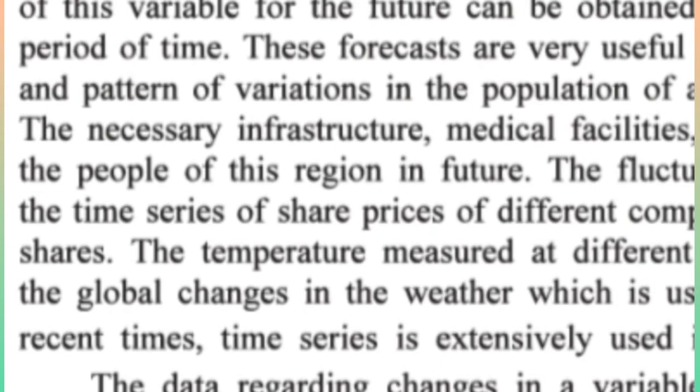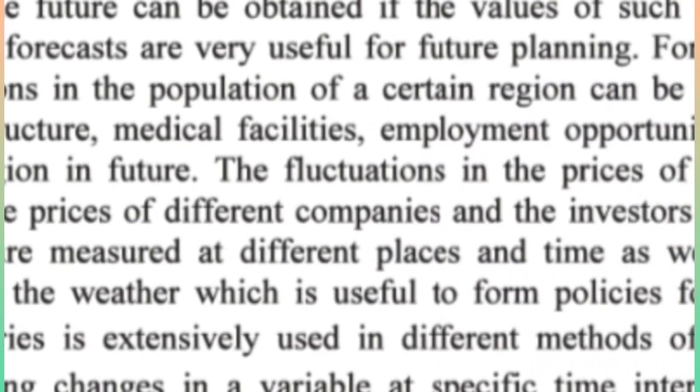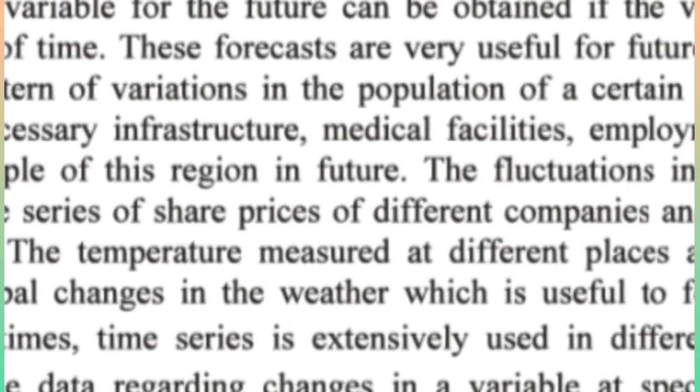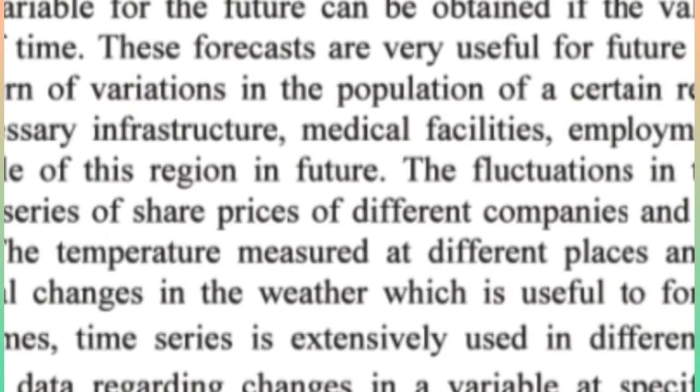That is, whatever information or data you are collecting in specific intervals of time, after collecting all the data you arrange it in proper order with respect to time, then such statistical data can be regarded as the time series, right.